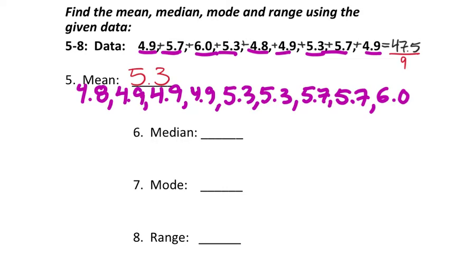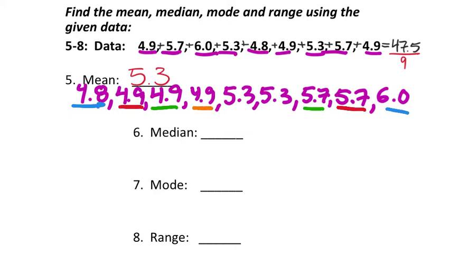Okay, so we've got to find the middle of these values. If you look at the very ends of the values, because I'm just looking for the middle here, this 4.8 kind of matches the 6.0 on the end. And I just keep moving inwards. This number matches or cancels out that value. And then this 4.9 with that 5.7.